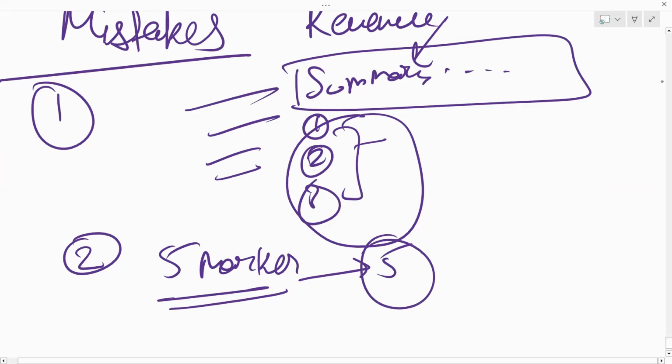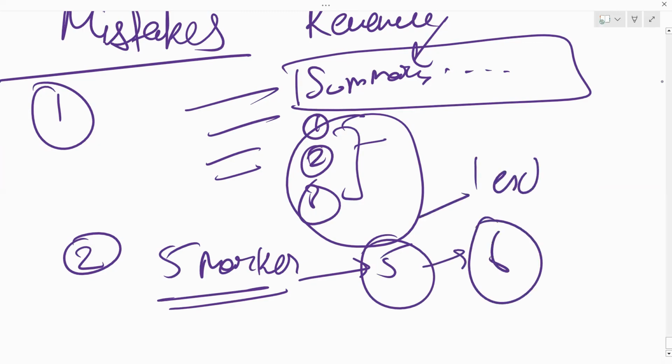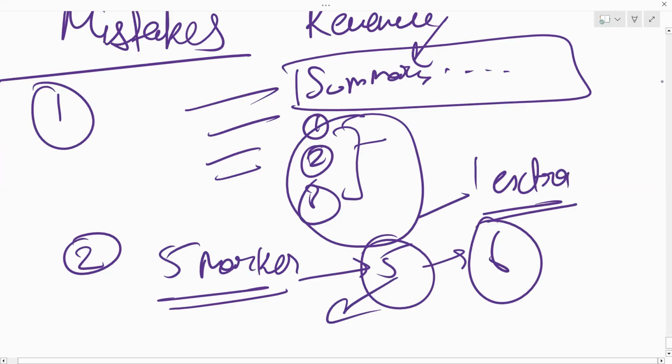But my advice would be to write at least 6, one extra point, so that even if one of your substantive procedures goes wrong by mistake, you have a buffer with 6. Do not write 7, 8, 9. You do not have a lot of time for that. Just write one extra so that you have a full-fledged answer. Even if one gets wrong, at least you have a buffer, right? So my advice would be that.